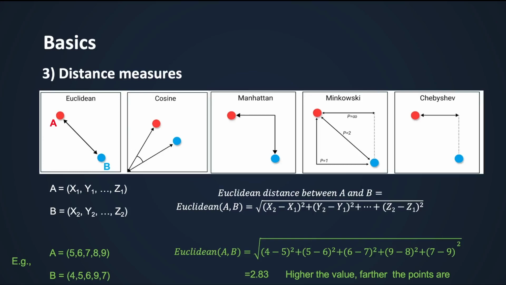In this video, we are going to use Euclidean distance. Please keep in mind that if the Euclidean distance between 2 points is 0, it means they are at the same location. The higher the Euclidean distance between the 2 points, the farther they are from each other.